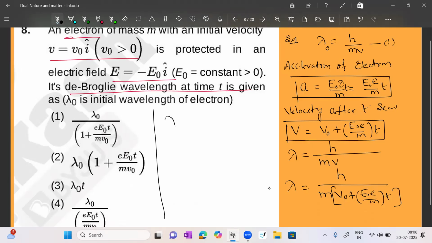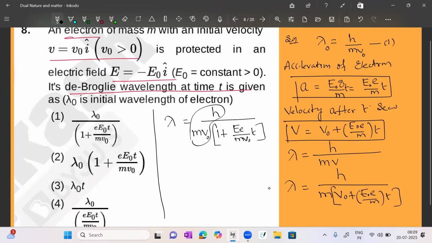So lambda equals h by, in the denominator, if you take v naught common, this is m v naught into 1 plus e naught e by m v naught into t.